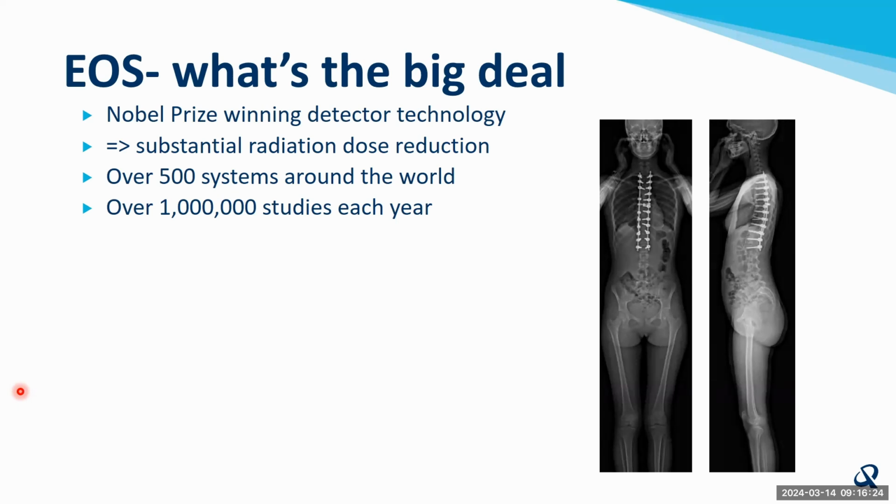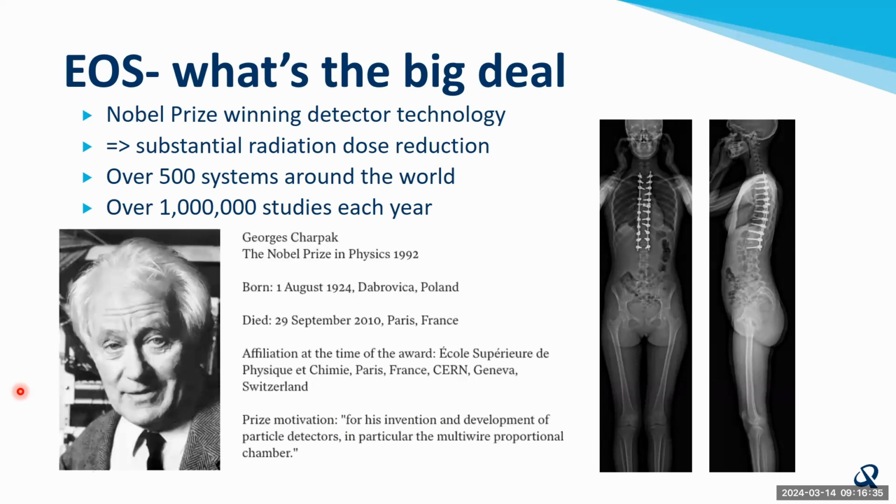This has made these EOS machines wildly popular. Last time I did this talk a few years ago, there were over 400 systems. Now there's over 500 systems. I'm sure there's more. There's tons of these EOS machines around the world. It's all thanks to this bloke, Dr. Charpak, originally from Poland, died in France, who came up with the detector and got the Nobel Prize for his efforts.